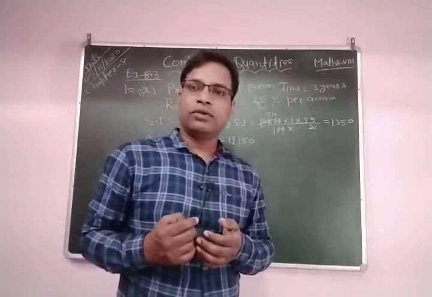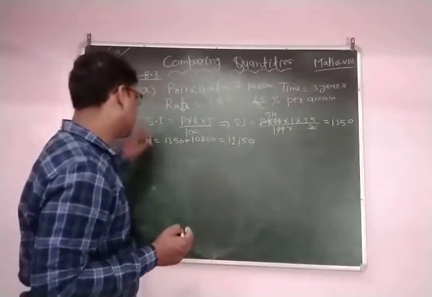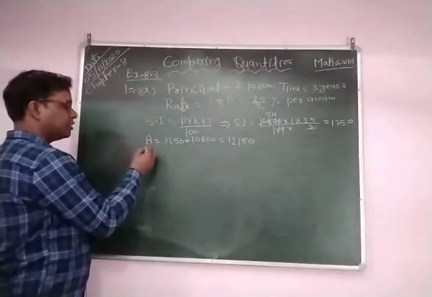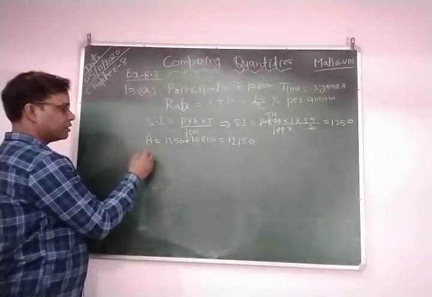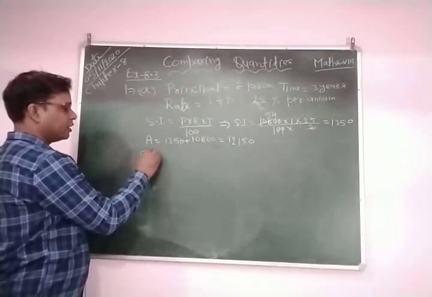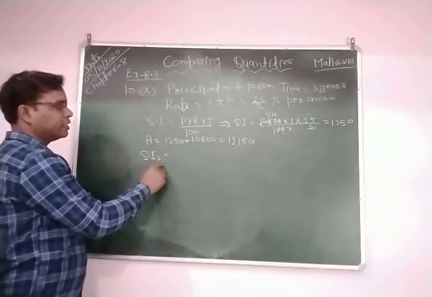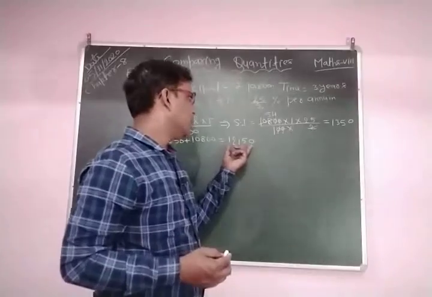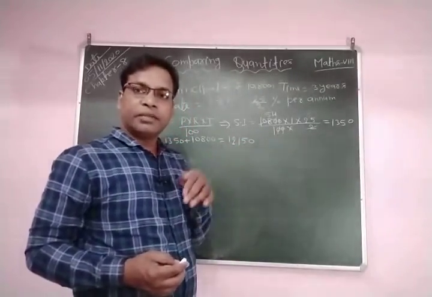Now we need to find simple interest for second year. This is simple interest for first year. The simple interest for second year, we again find SI2. This is called simple interest for second year. So in this year, this amount 12,150 becomes treated as the principal.